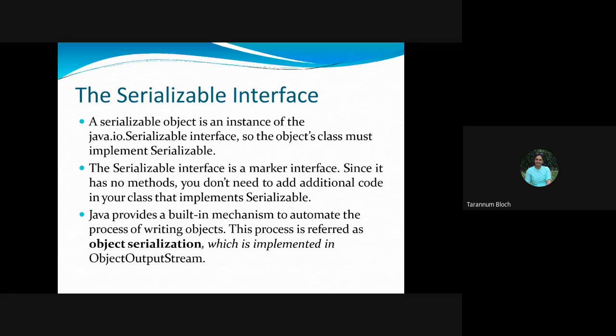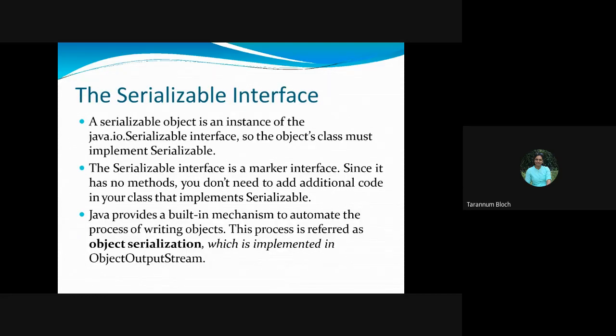But whenever we are using the object, the process is known as object serialization. Because of this, it automatically allows your objects to be written in a serialized manner, right? So we have object serialization, which is implemented using the ObjectOutputStream class.